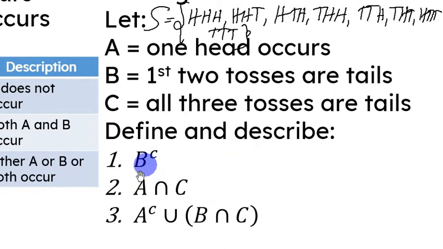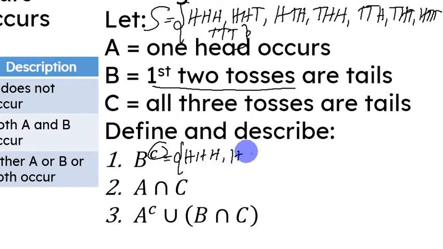So we are asked to define and describe the 3 sets here. The first one is B complement. B is the event that the first 2 tosses are tails. Therefore, we need to find all the elements of the sample space where the first 2 tosses are not tails. Because it's a complement, it should be not tails. So we'll get head, head, head; head, head, tail; head, tail, head; head, tail, tail; tail, head, head.